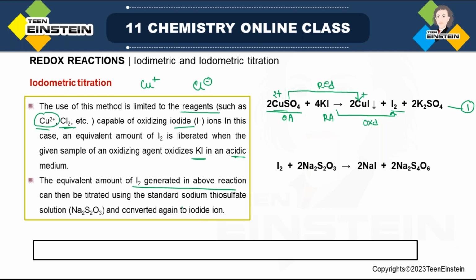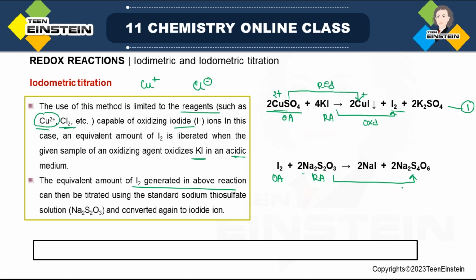Now it can be titrated using standard sodium thiosulfate solution. So this is standard and this is the reducing agent. Now this is the oxidizing agent and it is converted to Na2S4O6. Fine.